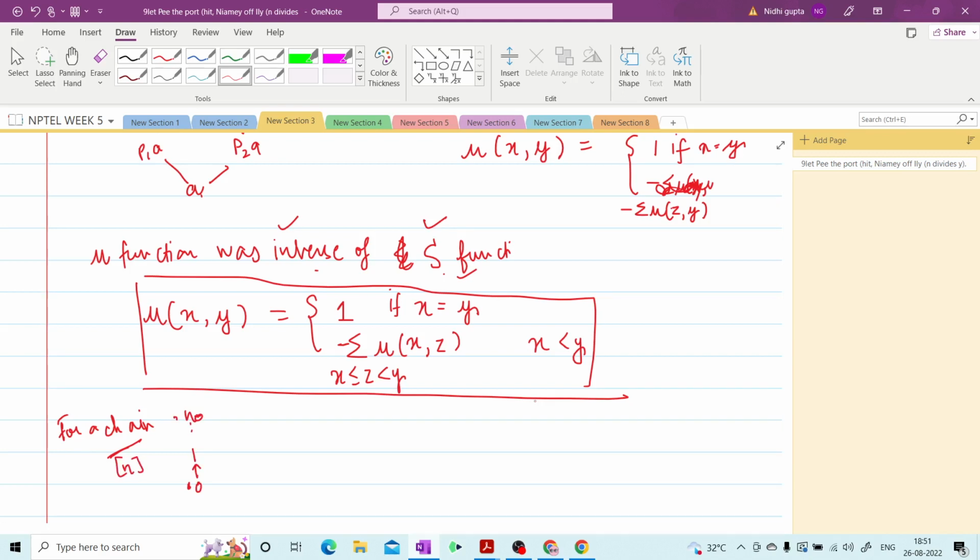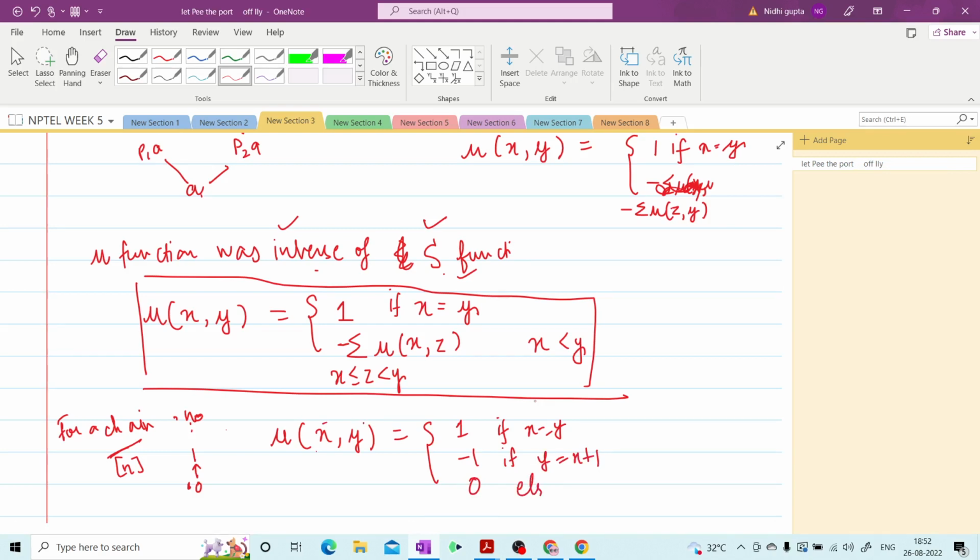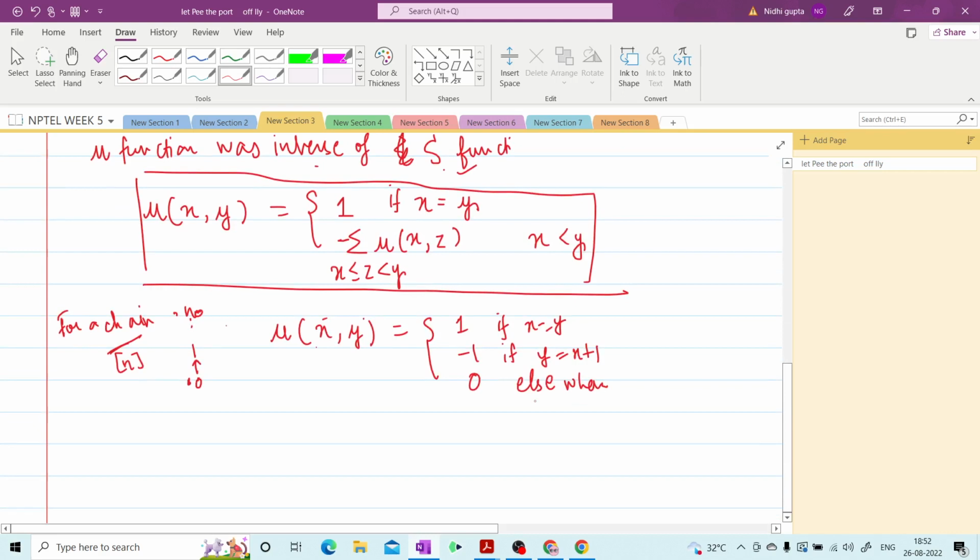For this chain, our Mobius function turned out to be 1 if x is equal to y, minus 1 if y is the immediate successor, that is y is equal to x plus 1, and 0 for all other cases. But this was true only for chains. For a general poset, it wasn't true.